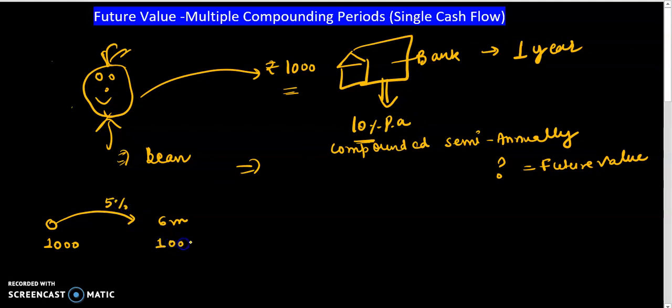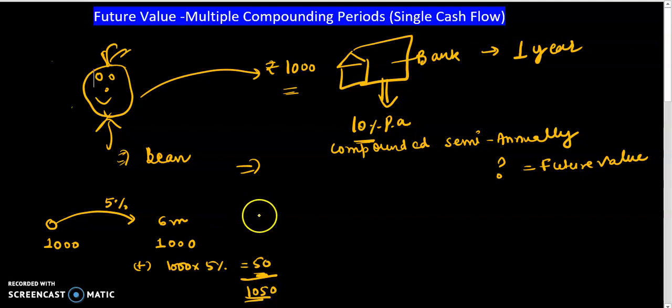So at the end of the 6th month, 1000 is the deposit amount and bank will pay interest after 6 months since it's a semi-annual compounding. So 1000, 5%, 50. Mr. Bean will earn 50 rupees as interest income after 6 months. The total amount is 1050.